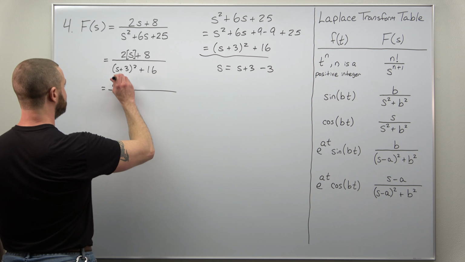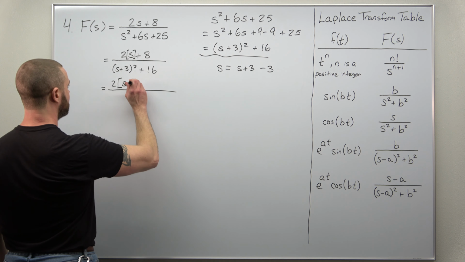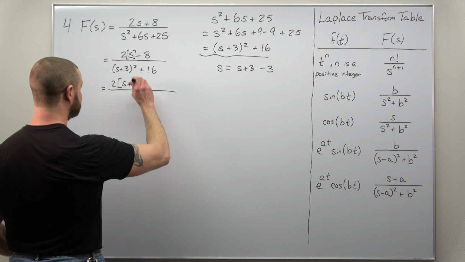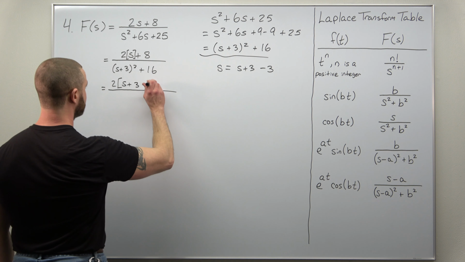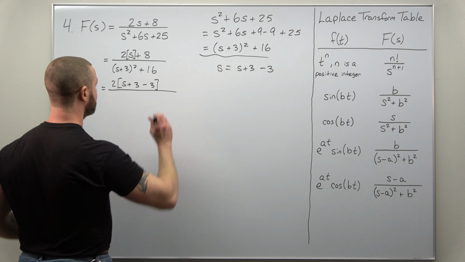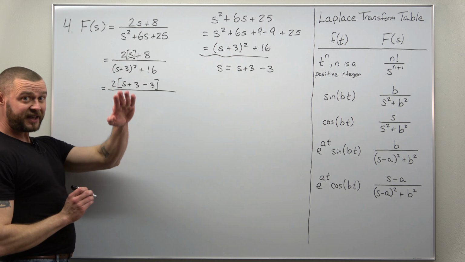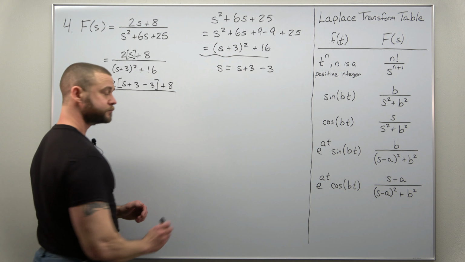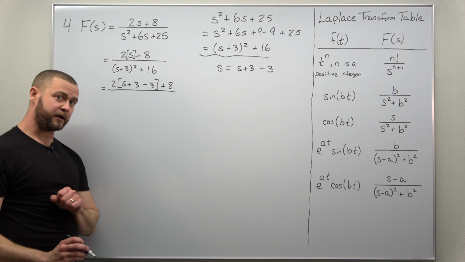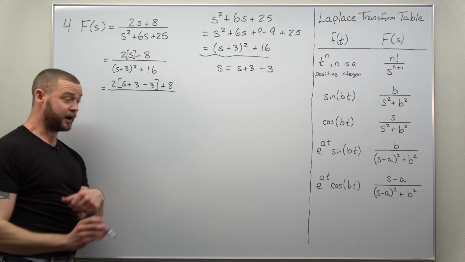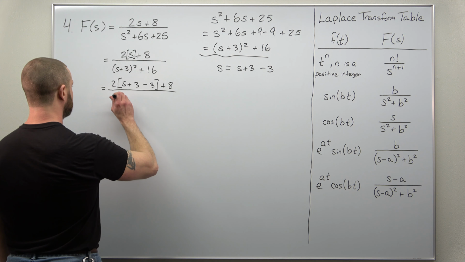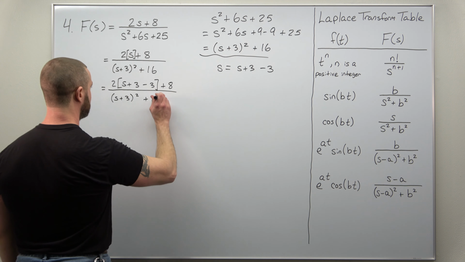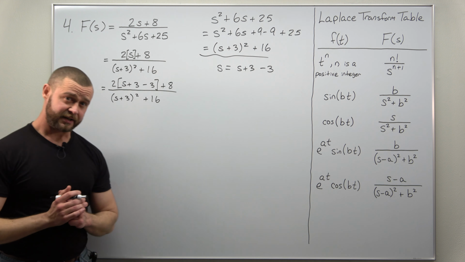We have that factor of 2 out front. We took the variable s and added 3 and immediately subtracted 3. We still have the plus 8 outside of the brackets. And we're keeping our denominator the same as what's above. (s plus 3) squared plus 16.